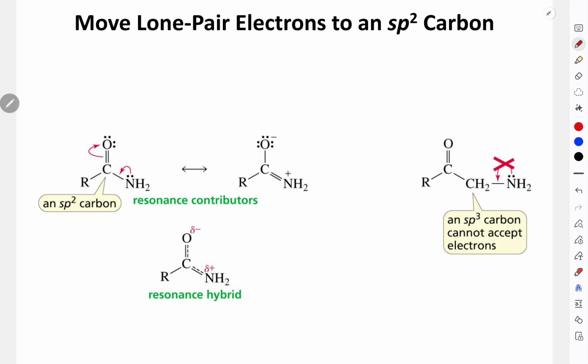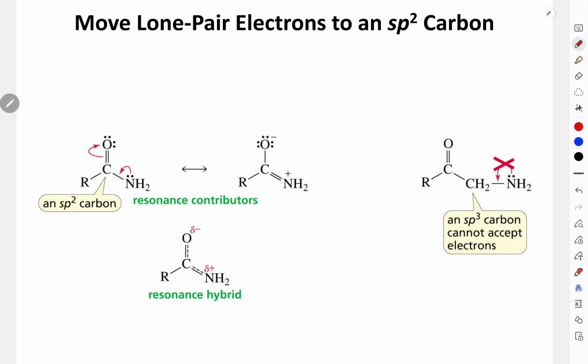And then you have the lone pair from nitrogen, sitting next to the central carbon. And then this lone pair can participate in the bond to this carbon, to form the double bond there. And as a result, nitrogen will have the positive charge because it donates the electron density to form the double bond.